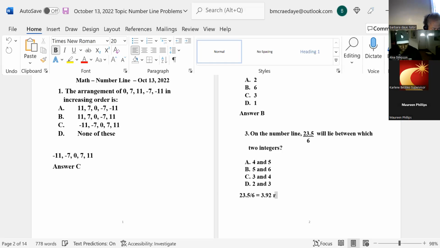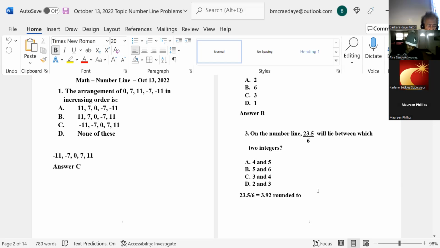Okay, if you round this to just one whole number, what would it be, Maureen? 3.92 rounded to the ones place, what would it be? The 3 is in the ones place.